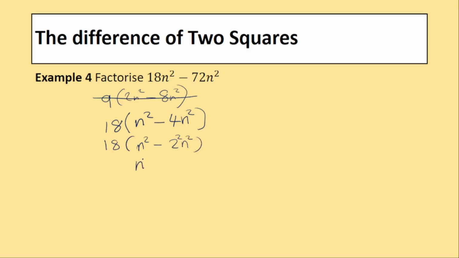We can still further write this as 2 squared and n squared. We can write it in this form. 2n squared will still give us these results here, 2 squared and n squared. So it's better you write it like this so that you have a difference of two squares which you can clearly see.